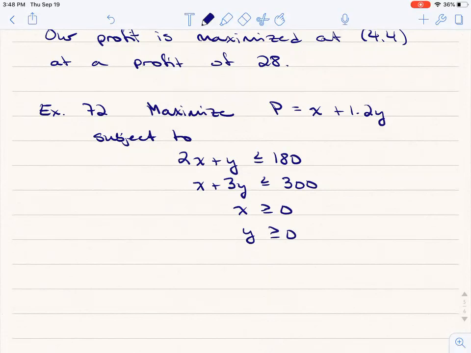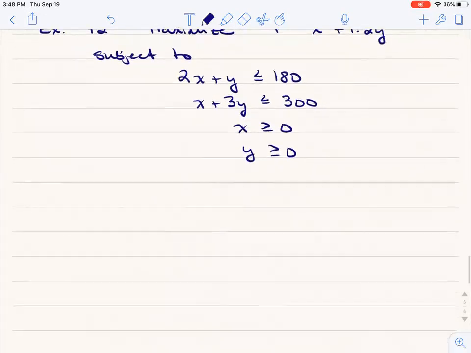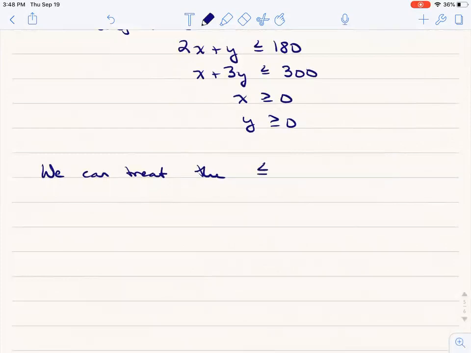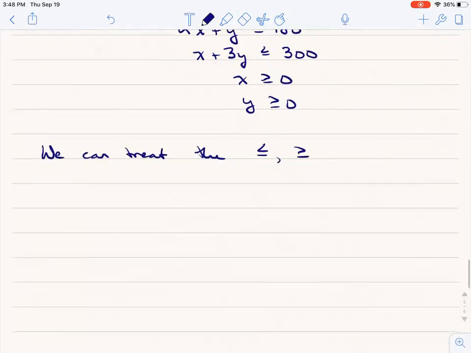So here, we can treat the inequalities, the less than, the greater than, as an equal sign until we have to find our feasible set.